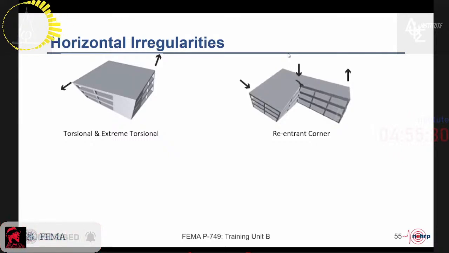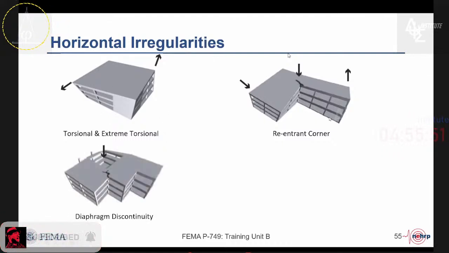Re-entering corners are another type of horizontal irregularity. They're important to consider because at the re-entering corner, there can be concentrations of seismic forces due to the response of the outstanding wings around that corner, and that can create damage in the structure, such as the crack that's shown here at the corner of the roof of this structure.